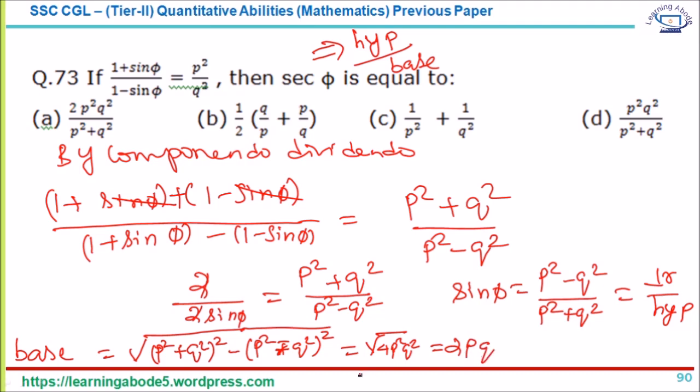So base is 2pq, and the hypotenuse we know is p square plus q square. So now this hypotenuse is p square plus q square, and the base we just found out is 2pq, right? So based on the given answer choice, it is answer option B for question number 73.